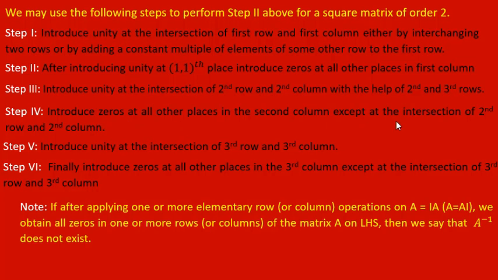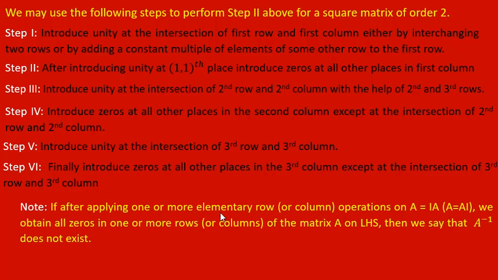Similarly, in the fourth step, to make all other elements 0 in the second column, we are going to use the second row. And finally, to make all other elements 0 in the third column, we are going to use the third row. In the same way, we can do the column transformations also.